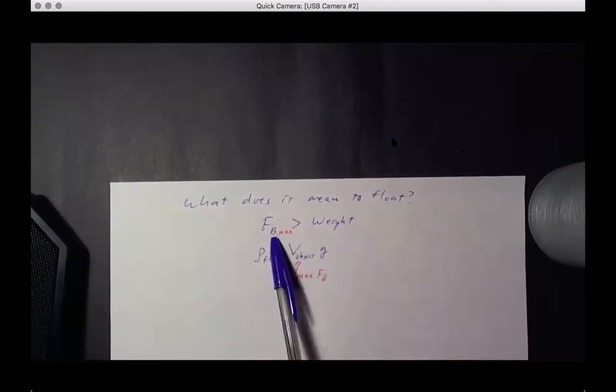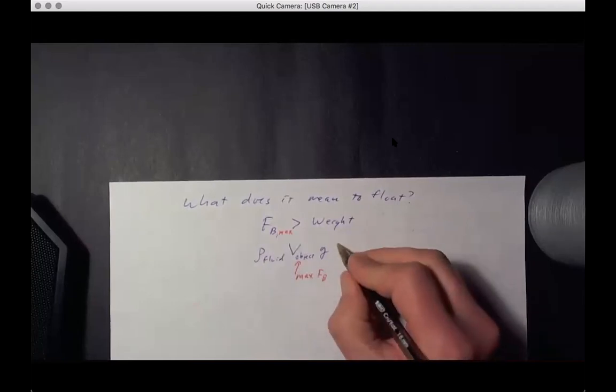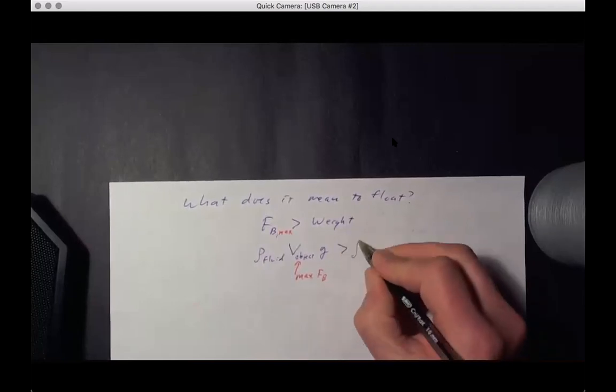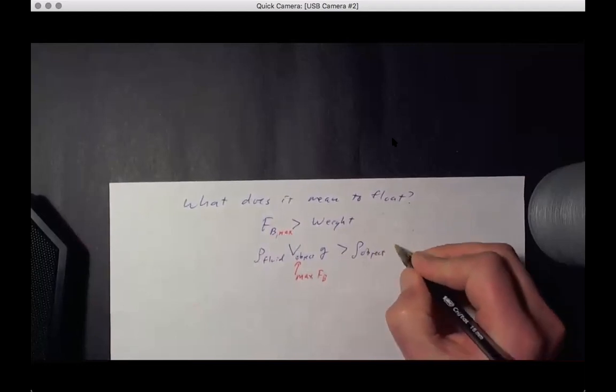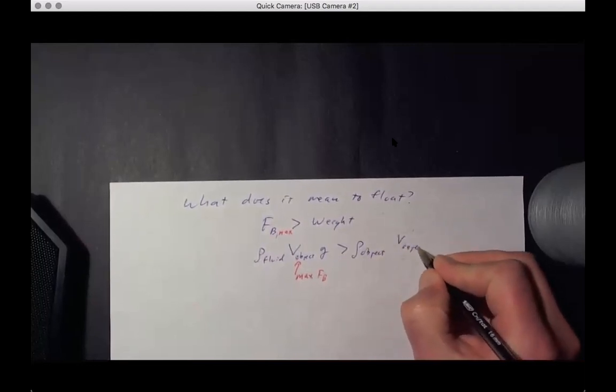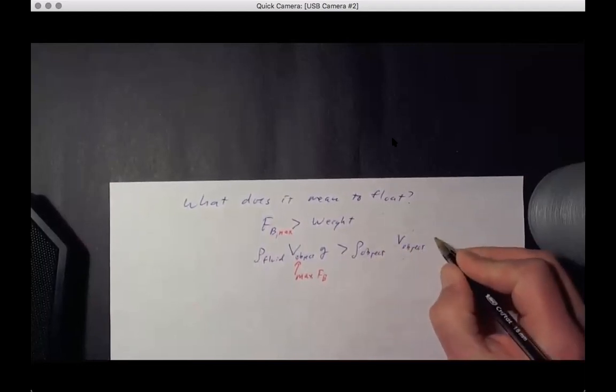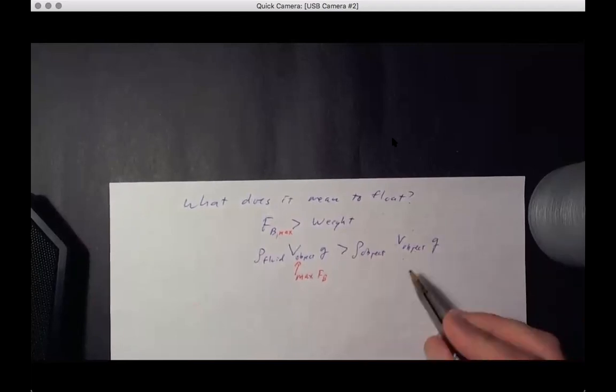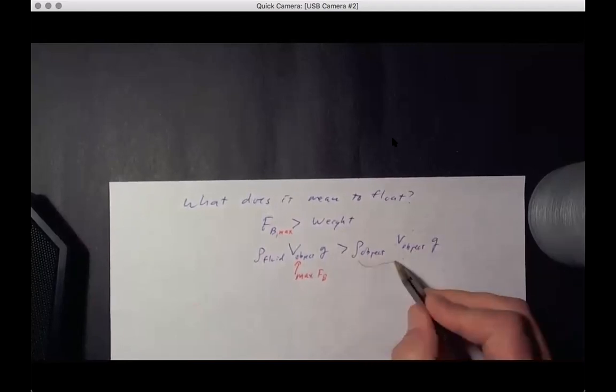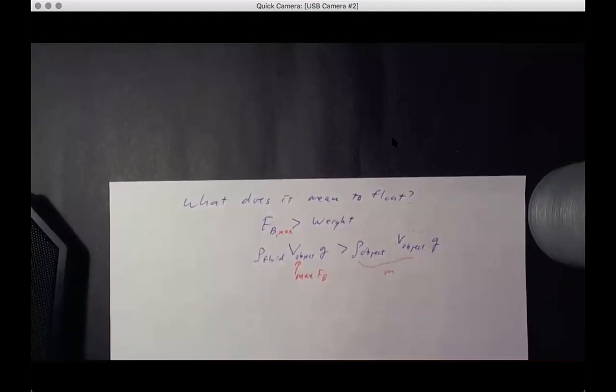Minimum force buoyancy is 0 when you don't have anything part of it submerged, right? The maximum has to be greater than the weight, which is rho of the object, V of the object, and G, because that is the weight, right? Weight is mg.